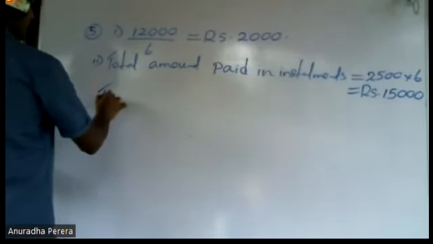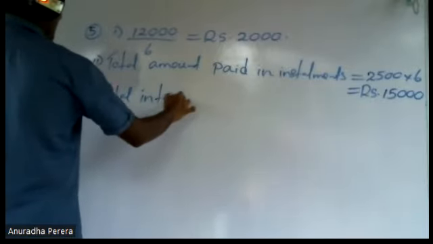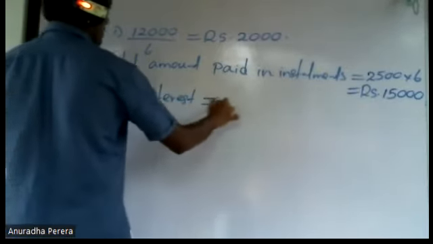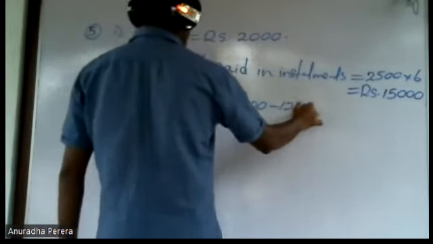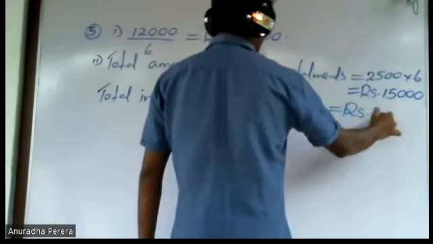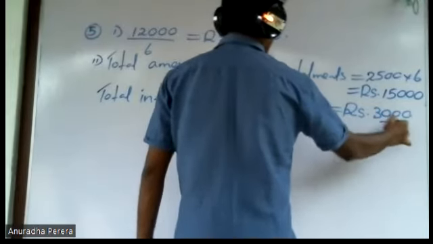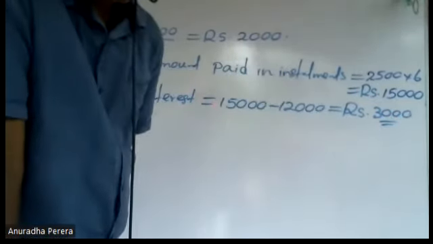Then total interest: subtract the loan amount 12,000 from 15,000, 3,000 rupees. 3,000 rupees.